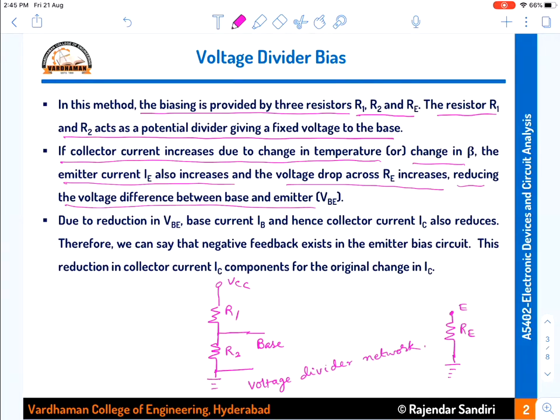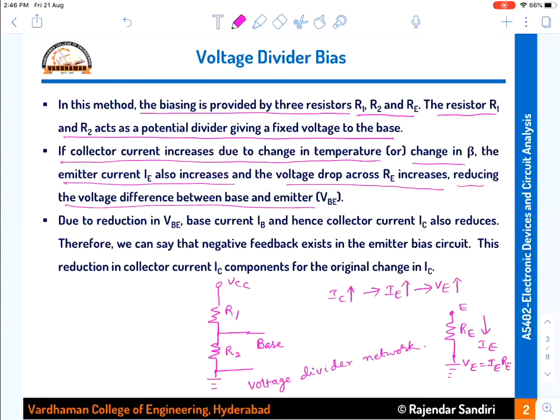With this emitter resistor, if the collector current increases, the emitter current also increases, right? If the emitter current increases, then the voltage drop across this resistor, VE equal to IE into RE, also increases.